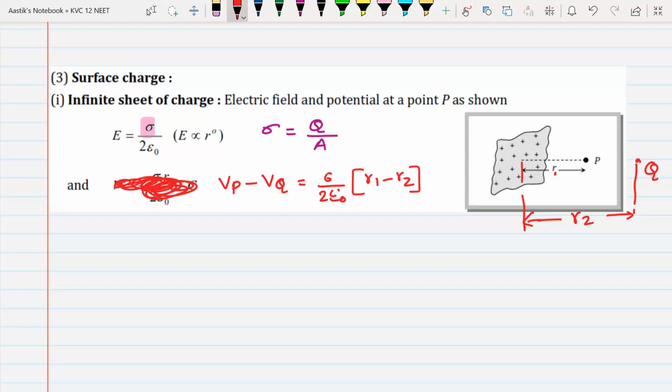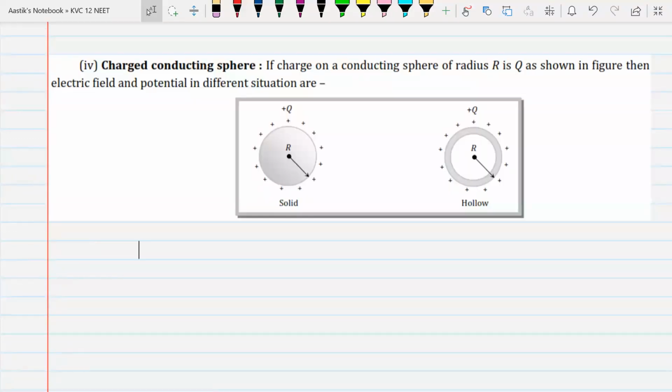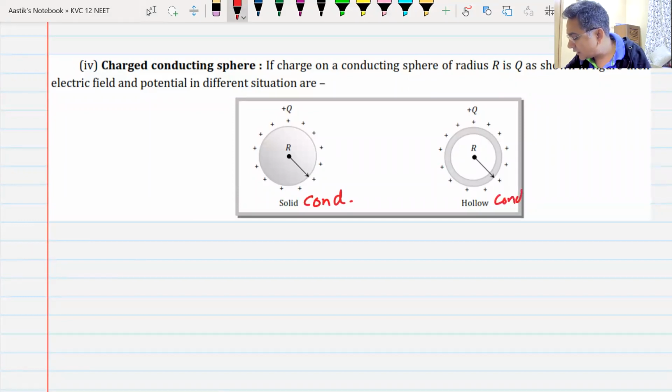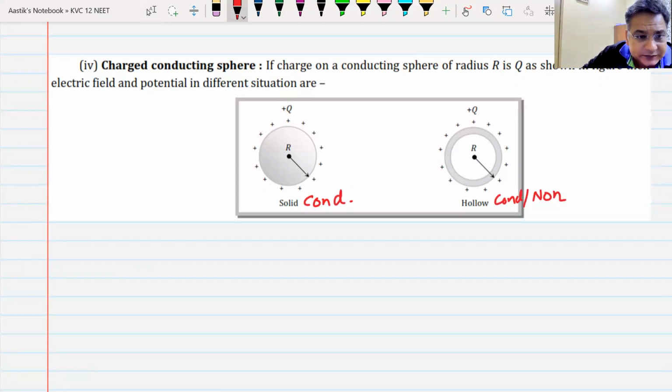When I say all these things, it means that the charge is on the outer surface of the sphere. Do we remember this? If it is a solid, it has to be a solid conducting sphere. If it is hollow, it could be conducting as well as non-conducting. Do we remember this? Yes, sir. Everyone remembers it?